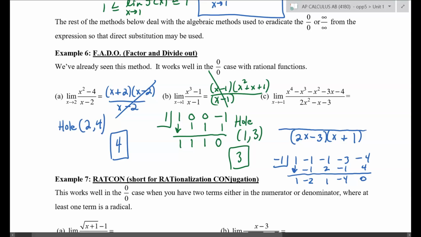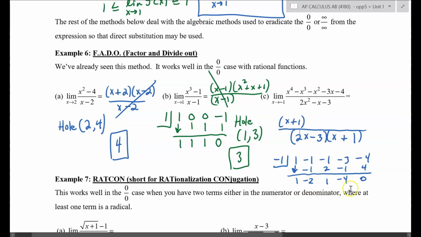And of course it does, right? So we have this skill from last year, and now we're seeing an application of where we might need it, right? So what do I know the top factors into? Well, I know it has an x plus 1. And then I know that it has this result down here, right?